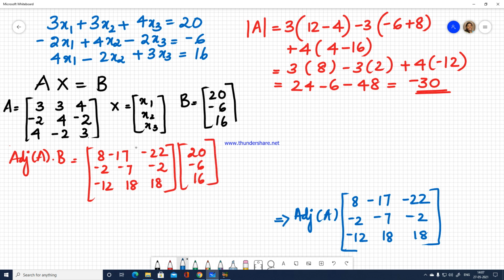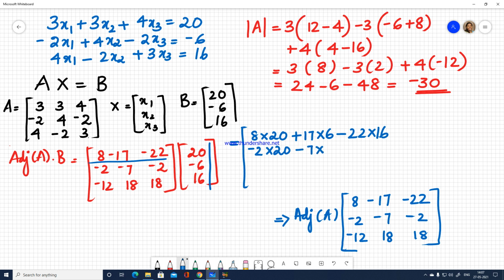So this is how it goes, row and this particular column. It will be equal to 8 into 20 plus 17 into 6 minus 22 into 16. Then minus 2 into 20 minus 7 into minus 6 minus 2 into 16. Then minus 12 into 20 plus 18 into minus 6 plus 18 into 16.